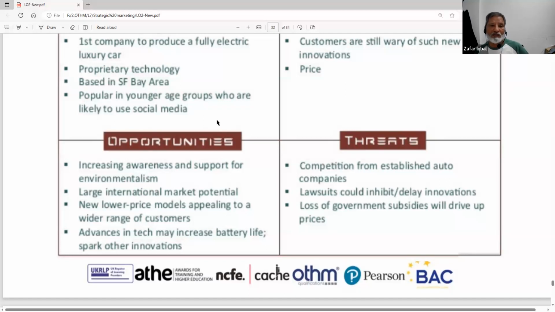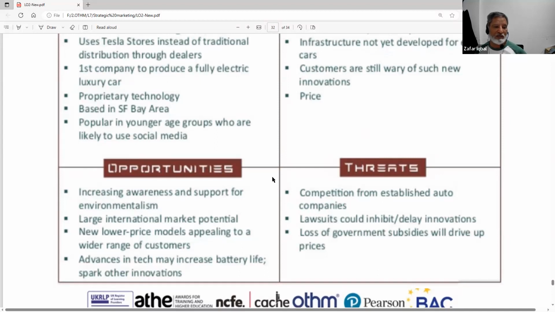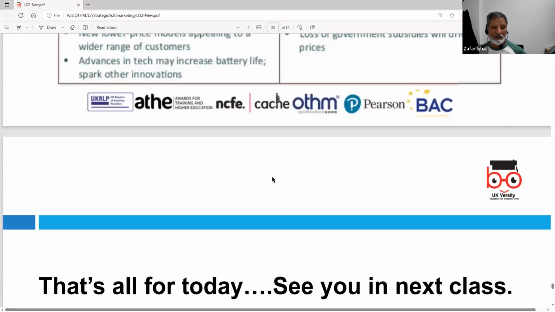So you can use this in your own area, in your own organization, making sure that these are taken into consideration when you're designing your policy, your strategy, your marketing strategy.